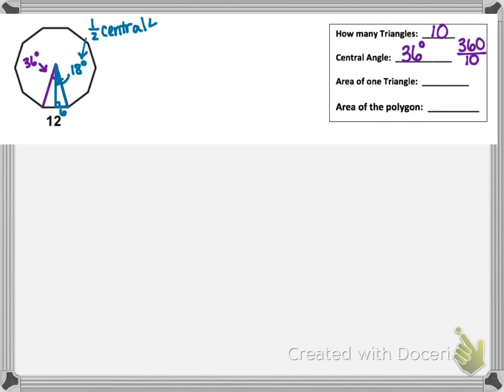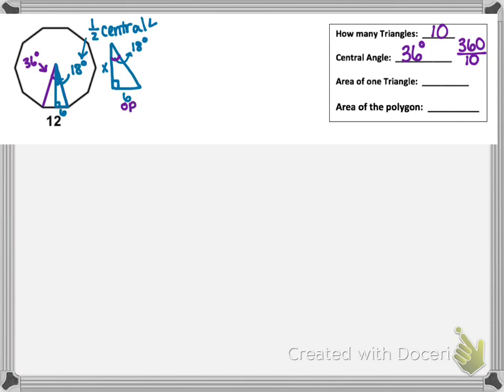So let me draw that triangle a little bit larger and easier to see. This right here was 6, and this angle is 18 degrees. I only need the legs of the triangle, so we'll call that side X. I'm going to put an arc through that angle. Across from that angle is my opposite side, so that's going to be 6.